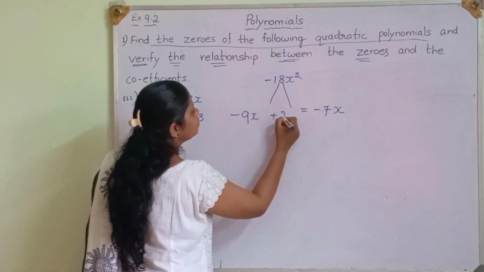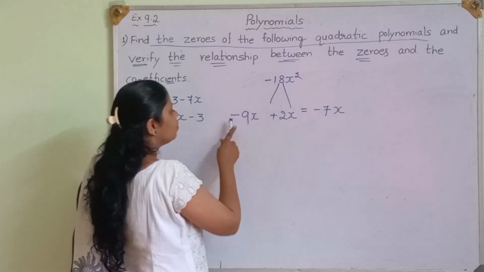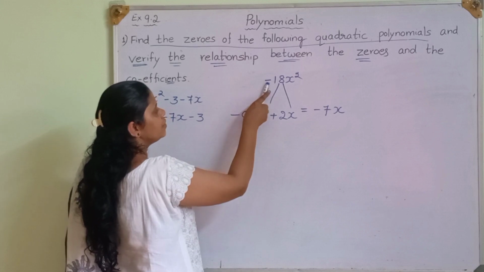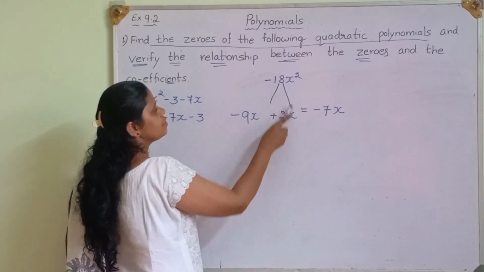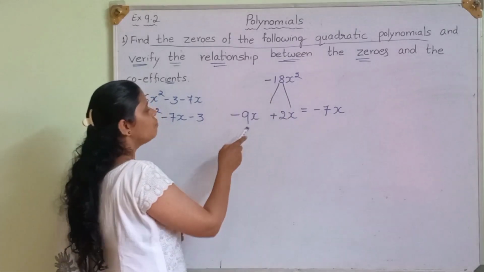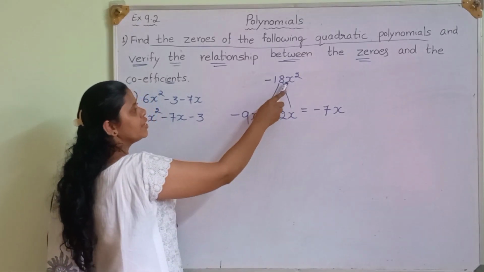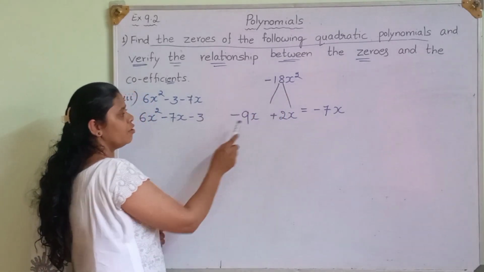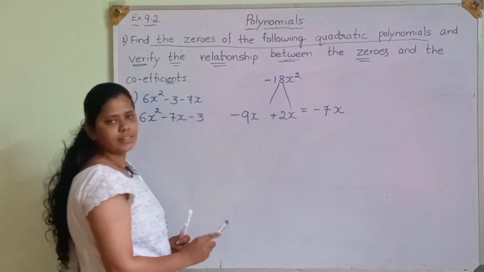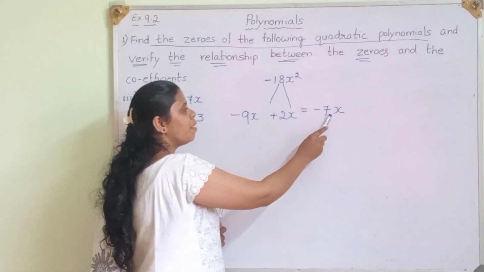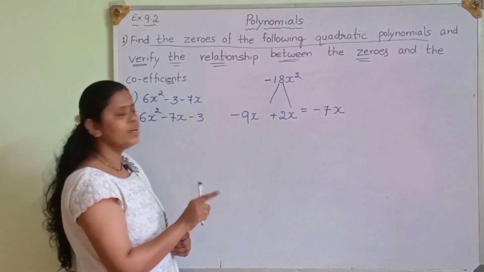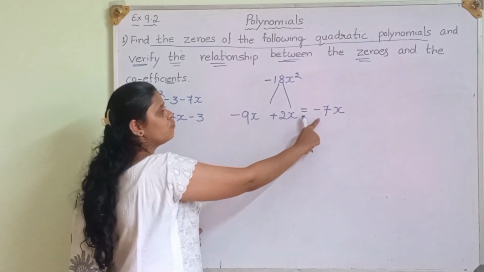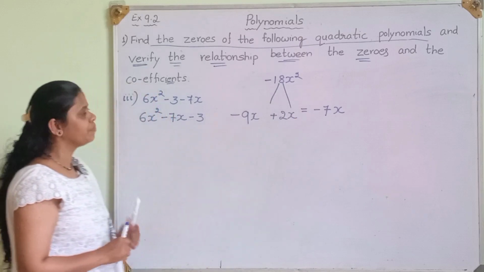Minus 9x plus 2x. 9 2s are 18, x into x is x square. Minus 9x plus 2x is how much? Minus 7x. We have to subtract and keep the greater number symbol. Therefore, it will become minus 7x.